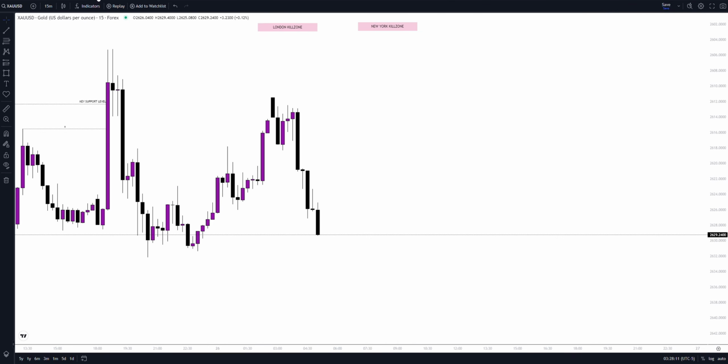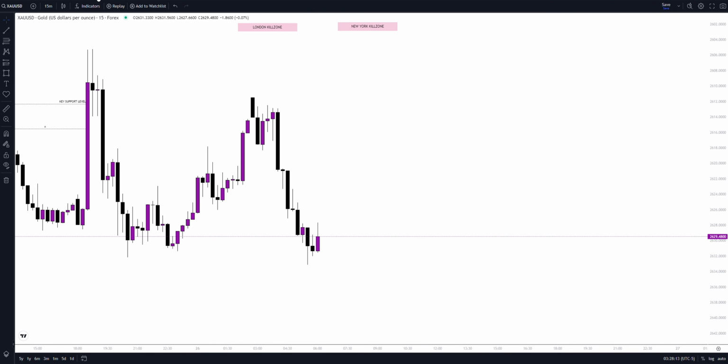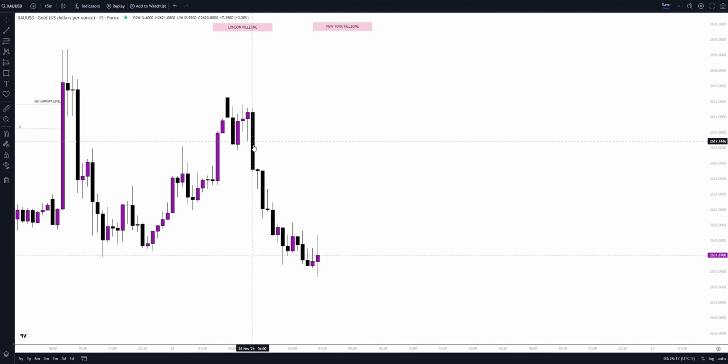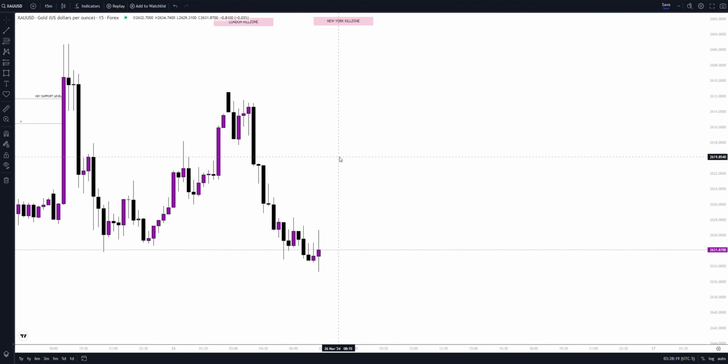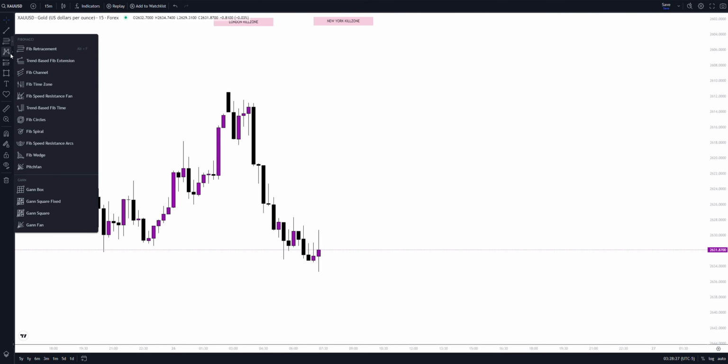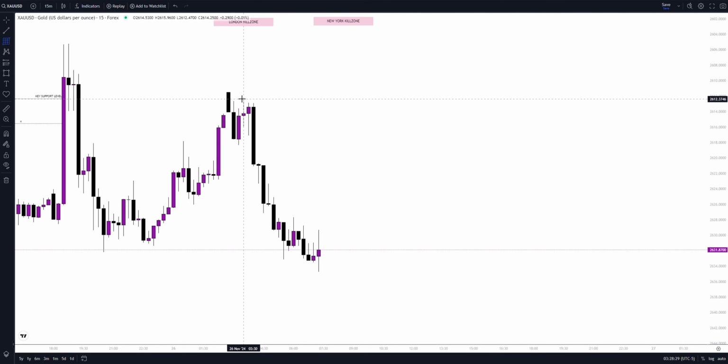So now we simply have created the fair value gap right there, right? If you see, we simply have created this fair value gap. If we are measuring this fair value gap, right? So let's see, if we are taking the gain box to measure it, which is this. So simply measure this fair value gap.